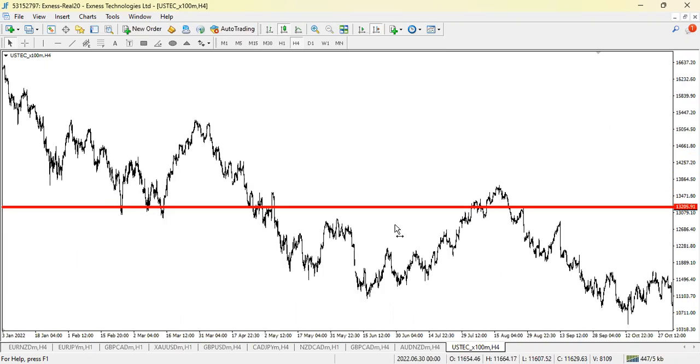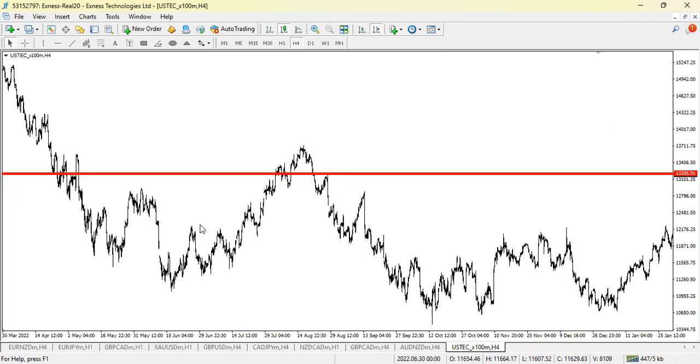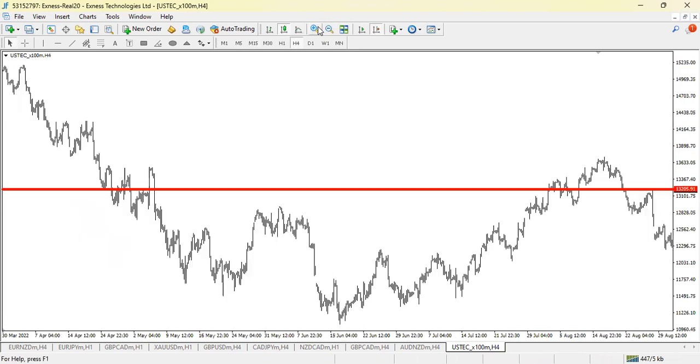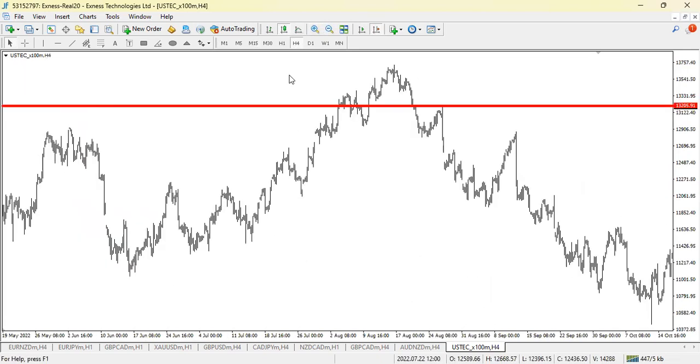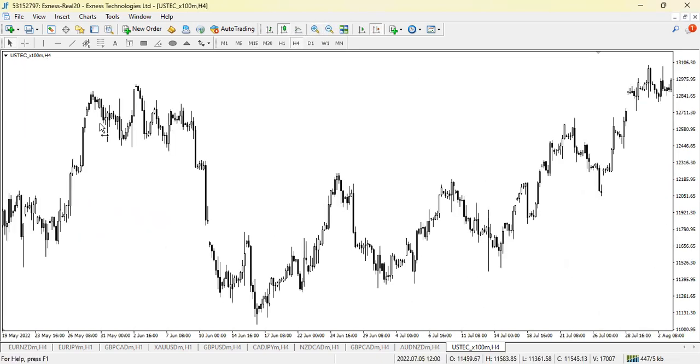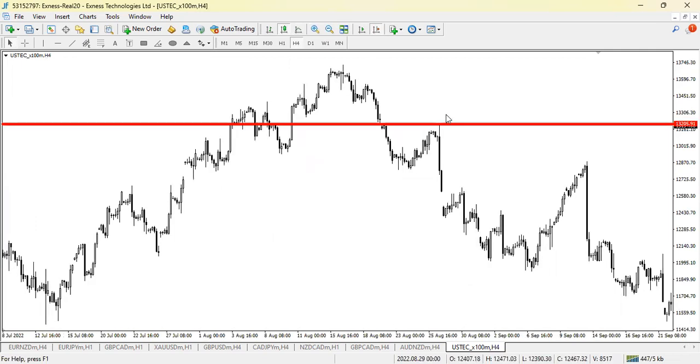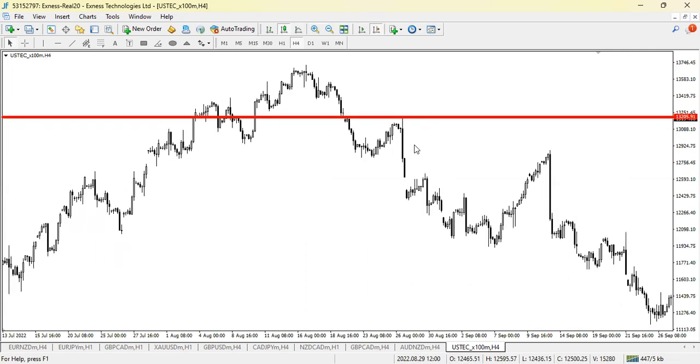As you can see, these are the points that NASDAQ respects. Look at this, it just touched and then went down. Even here you can see that it went past and then came back to test. These are the points that NASDAQ respects most of the time.